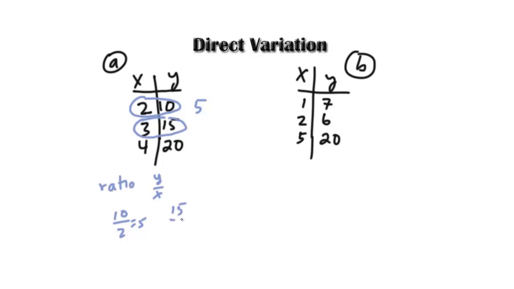So 15 over 3, y over x, I also get 5. And the same thing for 4 and 20. So 20 over 4, I also get 5. So whenever you have a consistent number like this, 5, 5, 5, and it doesn't change when you do y over x, that implies that this is a direct variation.